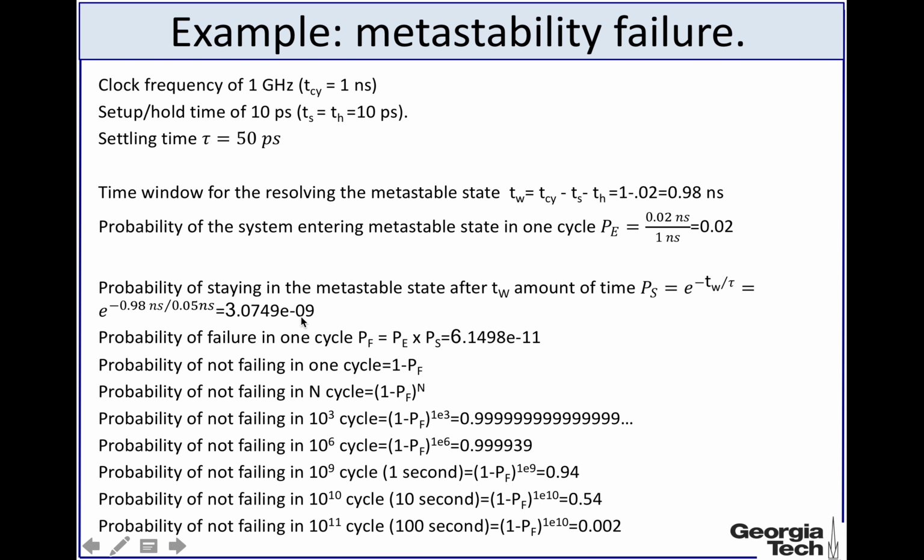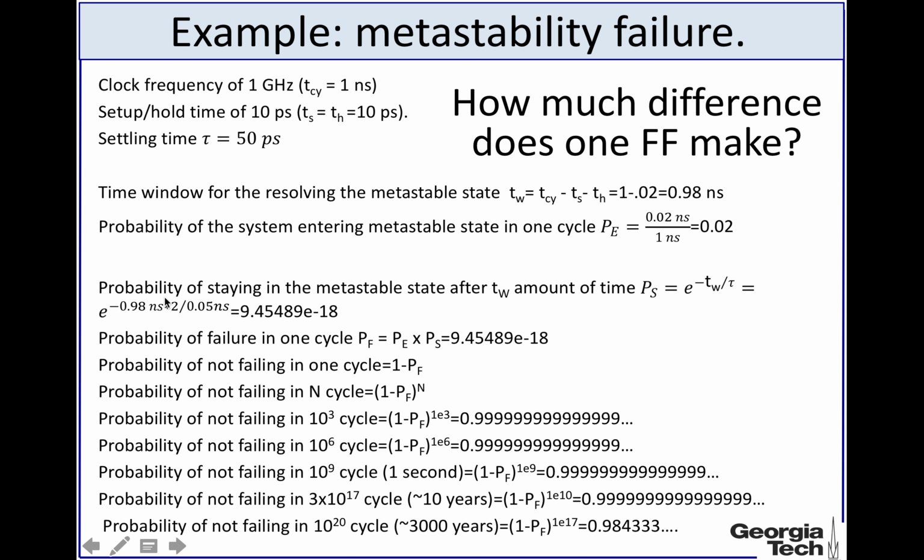In the previous case this was 3 times 10 to the power minus 9. So by doubling the time you have reduced the probability of the final output being in the metastable state by 9 orders of magnitude.